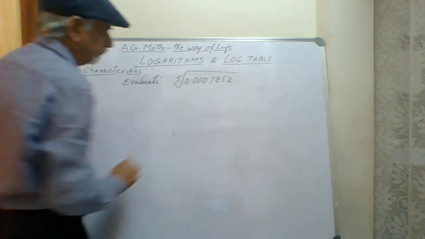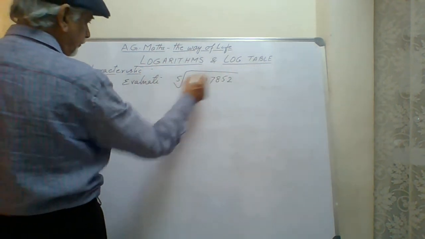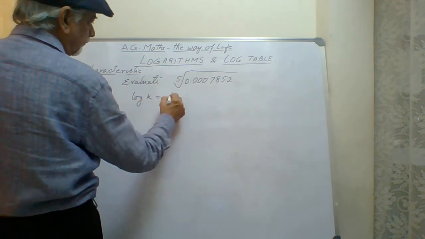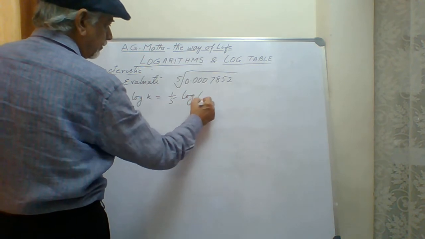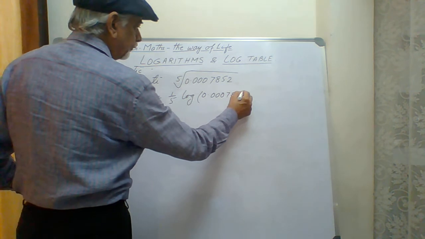If this is the problem, then let the value be k, so log of k is equal to 1 by 5, the power will come in front, and then we write log of 0.1237852.